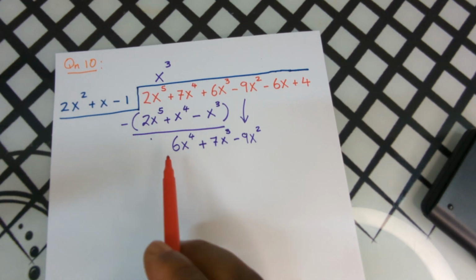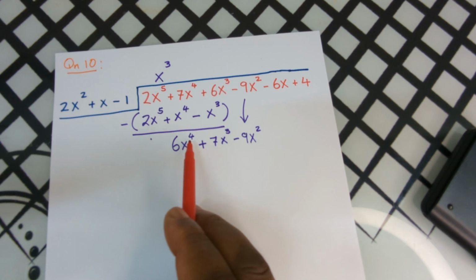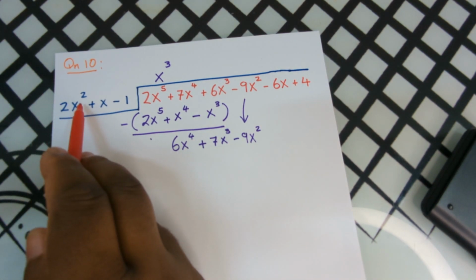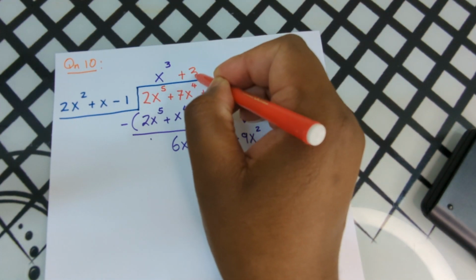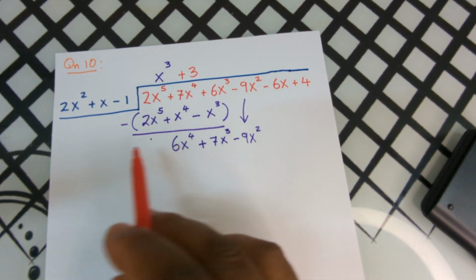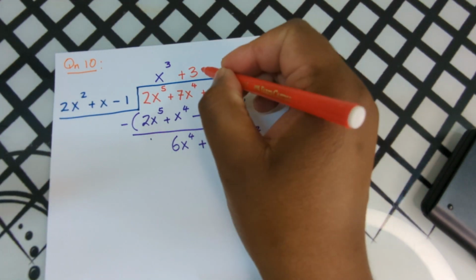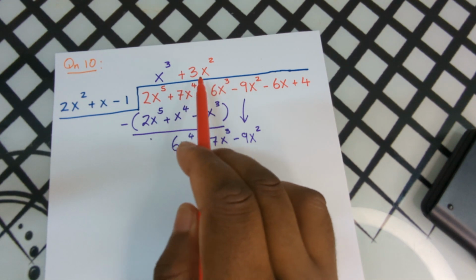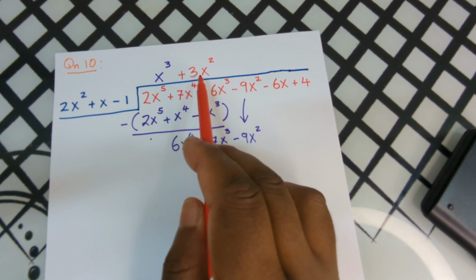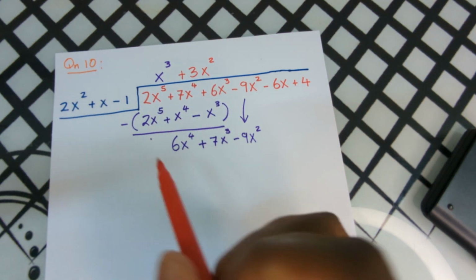Now let's divide 6x to the power 4 by 2x to the power 2. So 6 divided by 2 is positive 3, and x to the power 4 divided by x to the power 2 is x to the power of 2. Now let's multiply 3x squared by 2x squared.